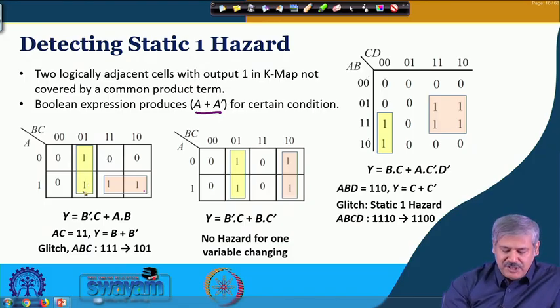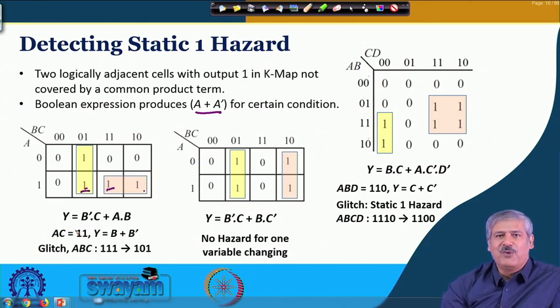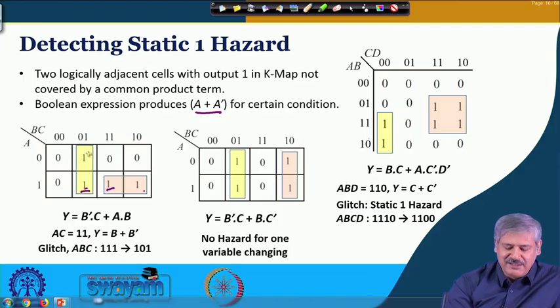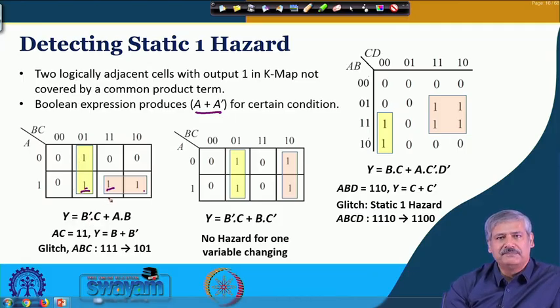So this one and this one are adjacent, but they are not covered by one common product term; this group generates one product term and this group generates another. So it has a static 1 hazard, a potential glitch; under certain conditions it might occur. Let us see how it occurs.